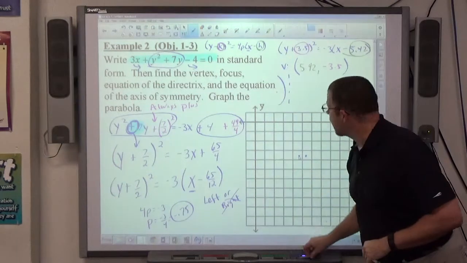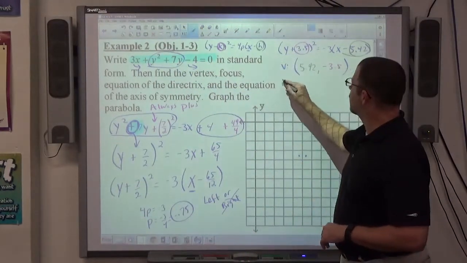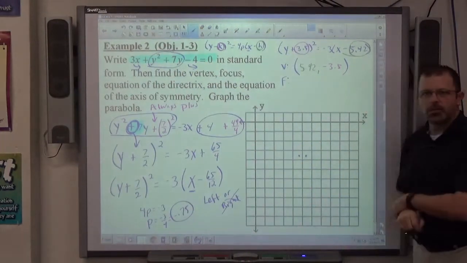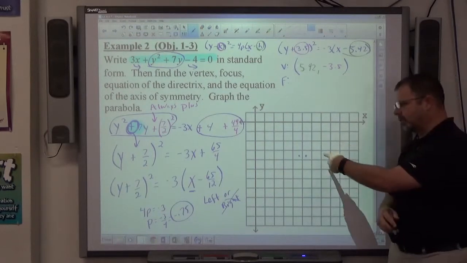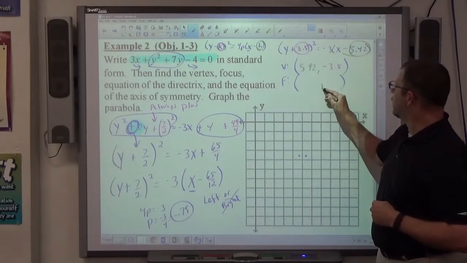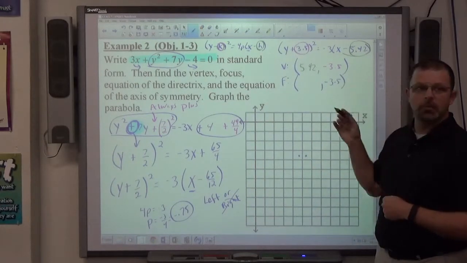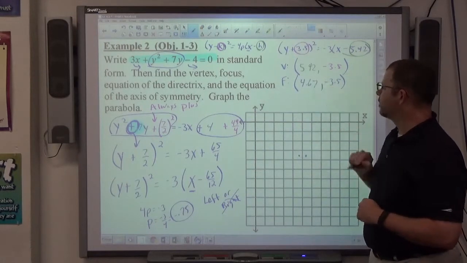As far as identifying the focus is concerned, what coordinate changed, x or y? X. I moved from the vertex to the focus horizontally. So notice the focus's y coordinate is negative 3.5, because I didn't move up or down. I just moved left, and we figured out that's 4.67.